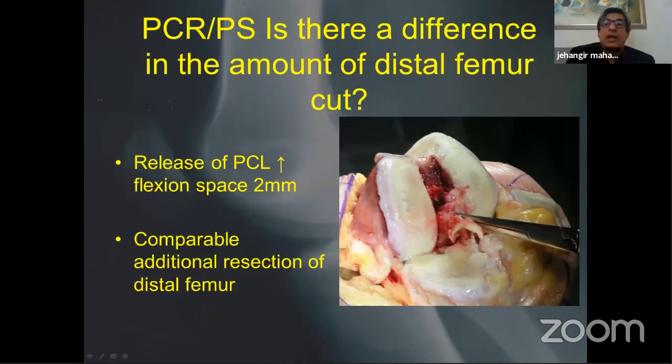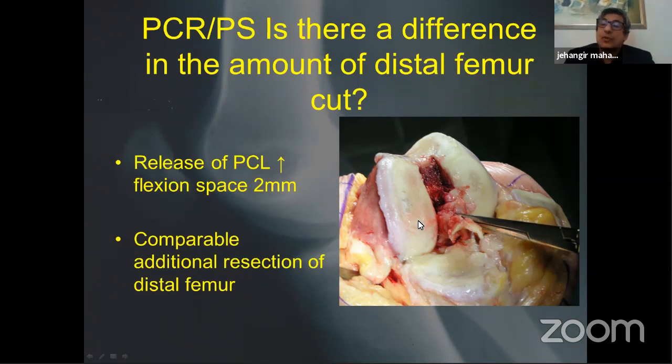Second, in truth, this is the answer. In a PCR or a PS knee, is there a difference in the amount of distal femur cut? Now, if you traditionally look at correct release practices of balancing flexion and extension, if you release your PCL, the flexion gap increases by 2 millimeters or 1 millimeter. Okay, that happens.